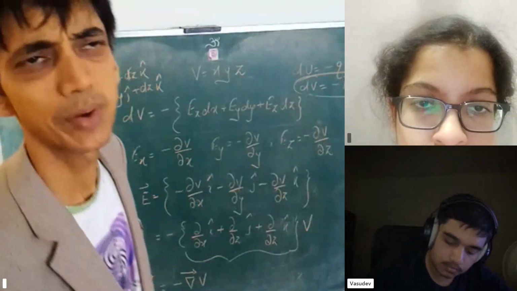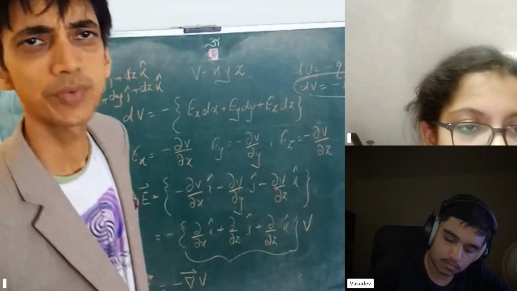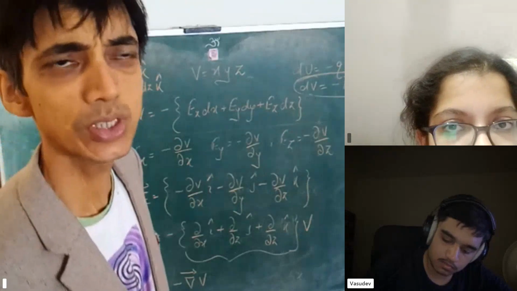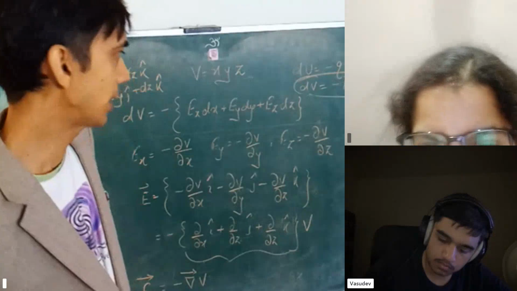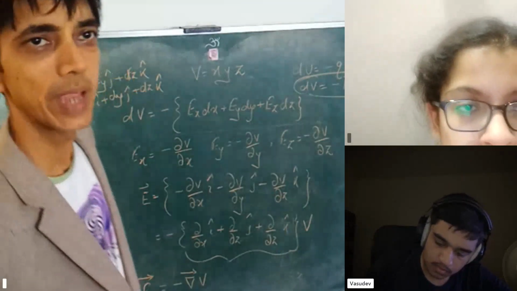Pretty simple, we'll be able to figure it out, right? We just have to partially differentiate. If you are partially differentiating with respect to x, then y and z are to be constant. Please be mindful of the minus sign here. What do we get?